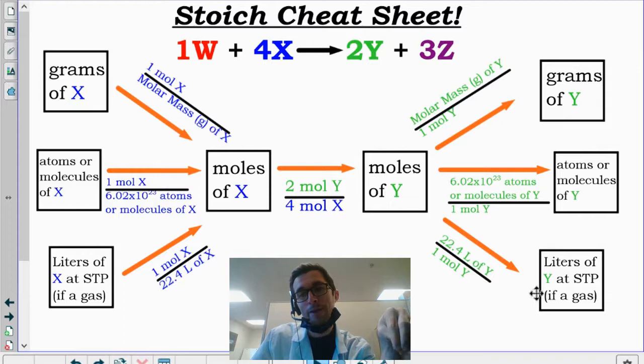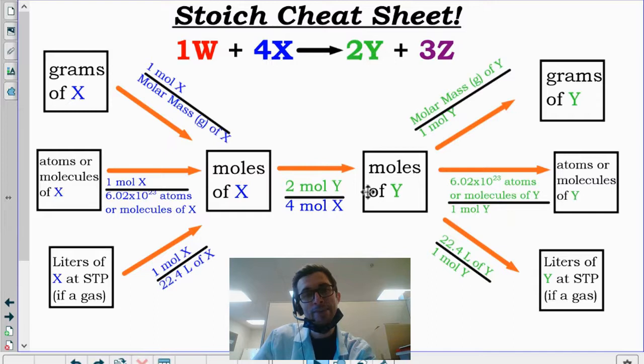So on an example problem, which we'll do in the future very soon, let's say we have this balanced equation, and we're trying to say, hey, if I react 22 grams of this substance, how many liters of this substance should I make at STP conditions? Well, if you're given grams, right there, that's where you start.